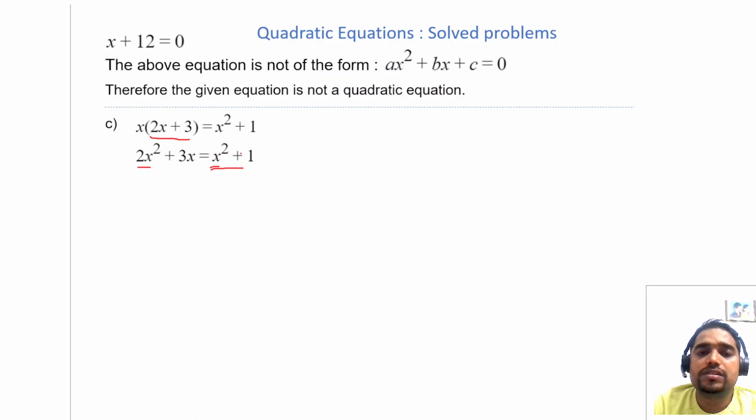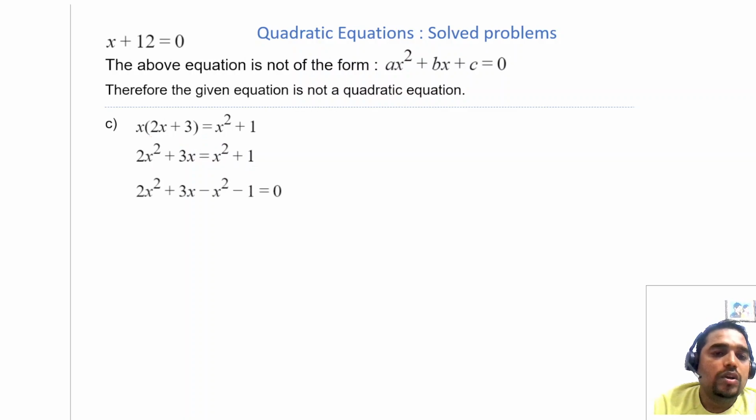Take the entire RHS towards the LHS. So if you take it towards the LHS, then what happens? 2x square plus 3x would remain as it is, the same two terms, whereas from RHS we are transposing the two terms, that is plus x square would become minus x square and plus 1 on transpose would become minus 1. That is why we are having minus x square and minus 1.